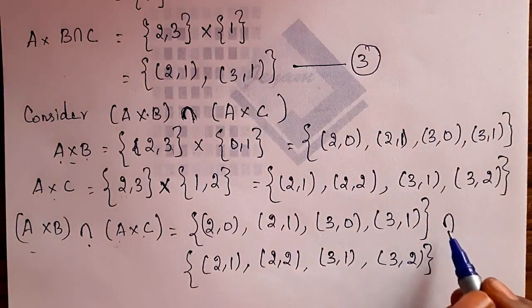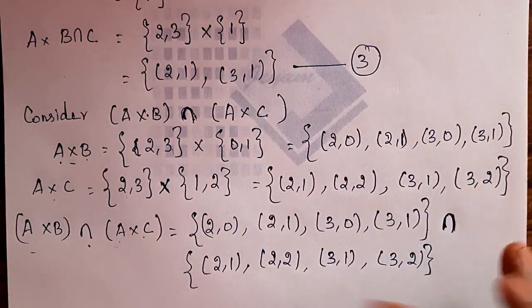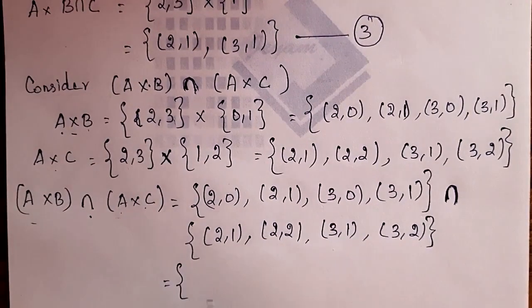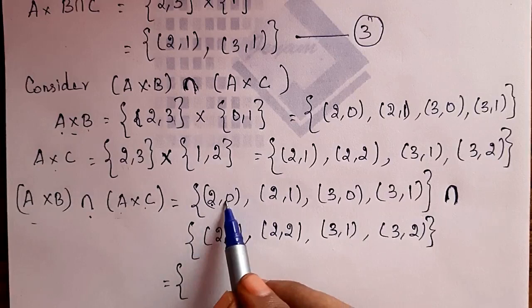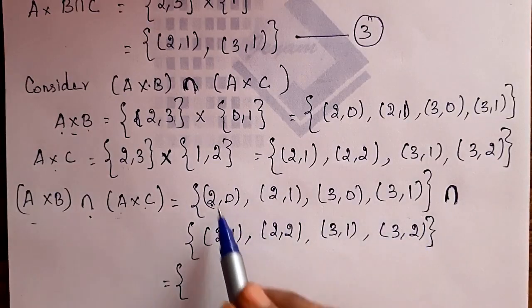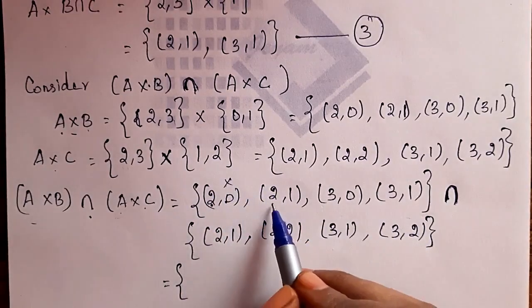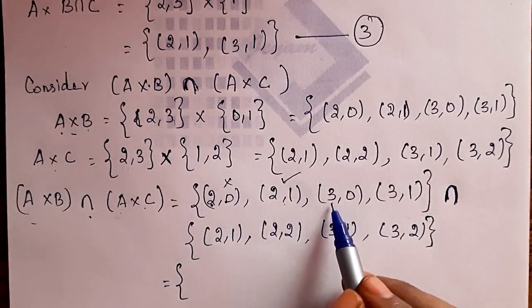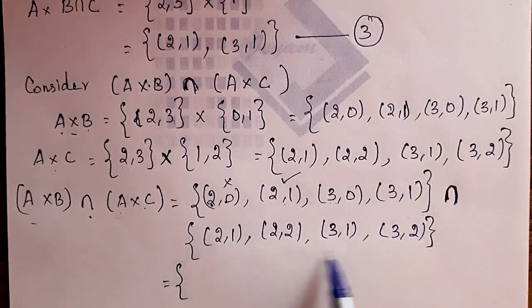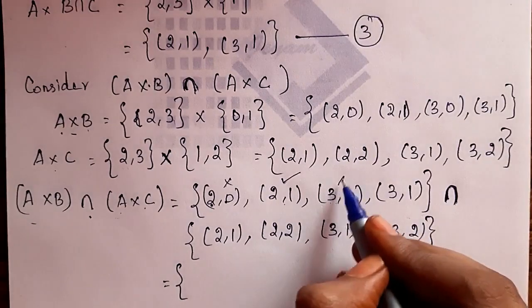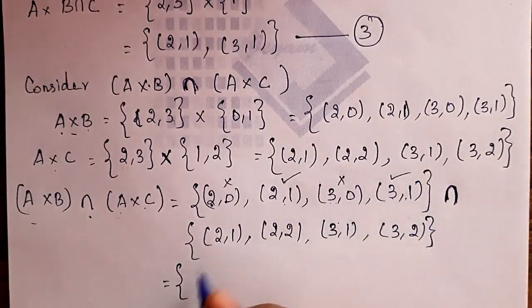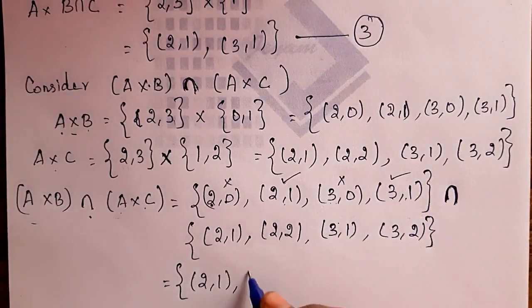So we are going to do the intersection. Intersection meaning is we are going to pick only the common terms. Look, (2,0). Is it here? No, so don't take it. (2,1). Is it here? Yes, so you can take it. Then (3,0). Is it here? No. Don't take it. (3,1). Is it here? Yes, so you can take it. So our result is (2,1) and (3,1).